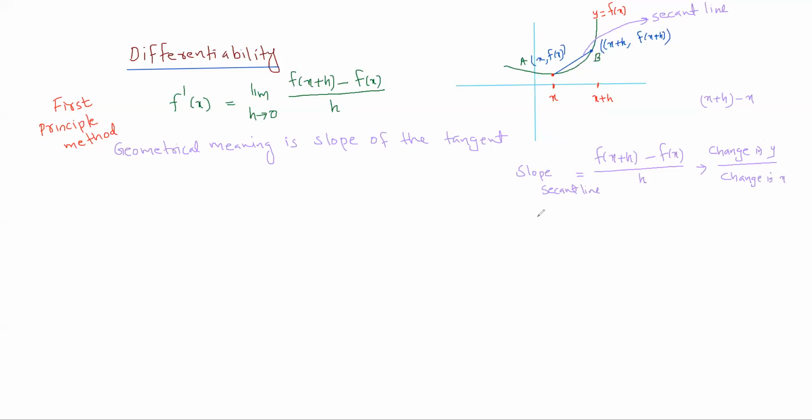Now as h goes to 0, h 0 बन जाएगा, b will come close to a.